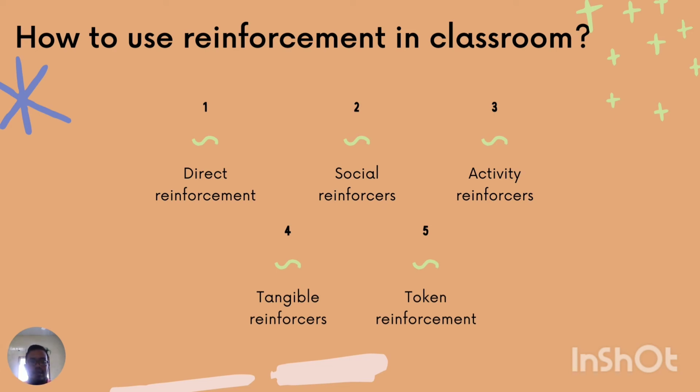And the last one is token appreciation. A token is given when the positive, wanted behavior is presented by the students, and the token is taken away if negative behavior is present. So thank you.